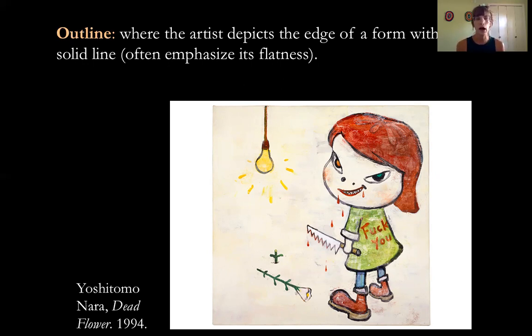So if you think about outline, you can also think about any cartoon you've ever watched. SpongeBob, for instance, that's the one that comes up in the PowerPoint that's also posted this week. This artist here, this might be jarring for you. This artist is known for creating artworks that have to do with the way that we think about youth and children and how we think of them as being blank slates, of being innocent, right?